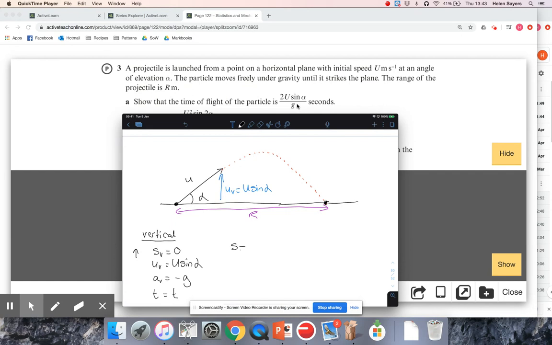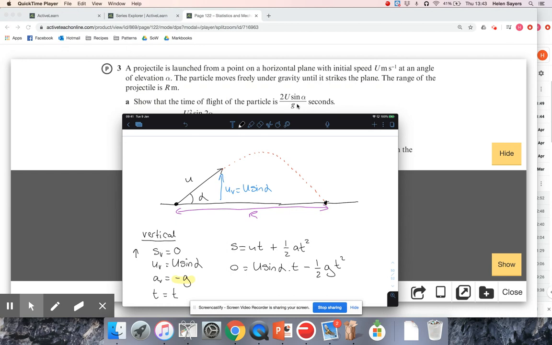I'm going to use s = ut + ½at². Okay, so s is 0, u is capital U sine alpha, times t, and then plus a half times a, and a is minus g. So I'm just going to move that minus to the front, and that's going to be minus ½gt².